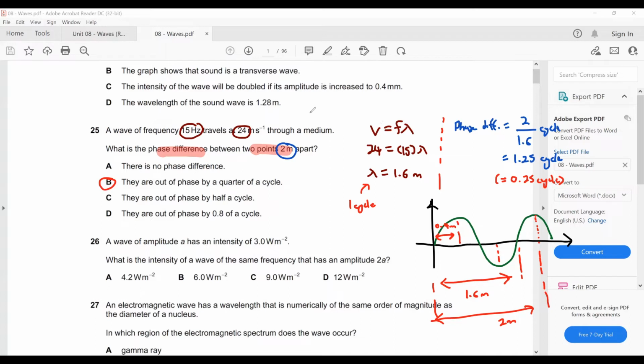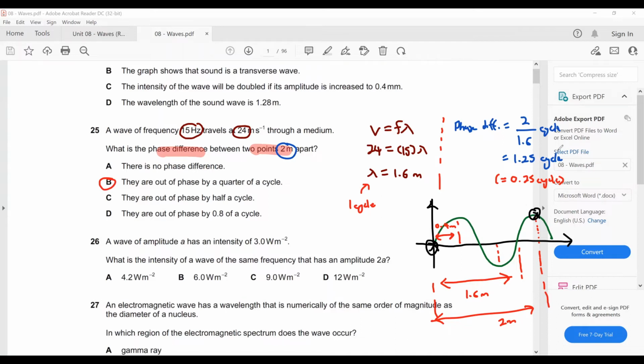All right. So that 2 meter is over here. And then this is your initial point. Right now, you want to find out the phase difference between this point and this point.